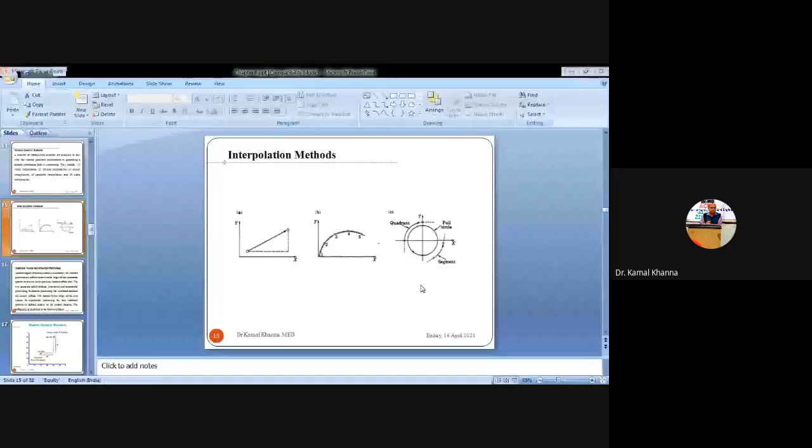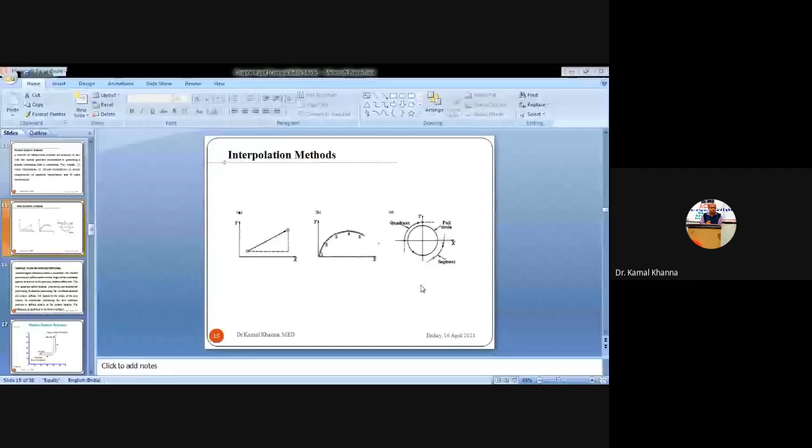So these are some kinds of interpolation methods through which we perform operations on complex, non-linear shapes. The first one was straight, the second was circular, and the last was circular interpolation where we complete the full circle by dividing it into quadrants. And in figure B, we have divided the semicircle with the help of smaller line segments.